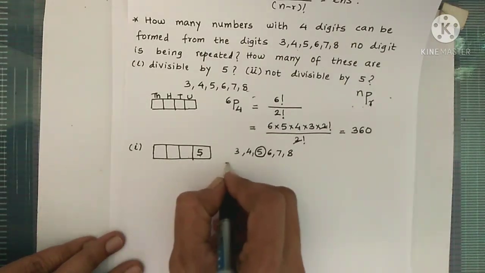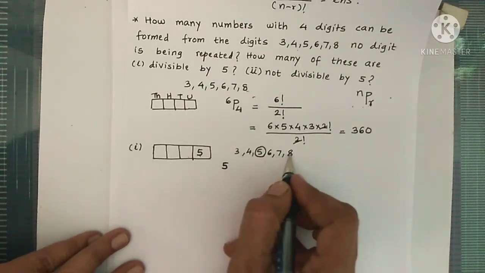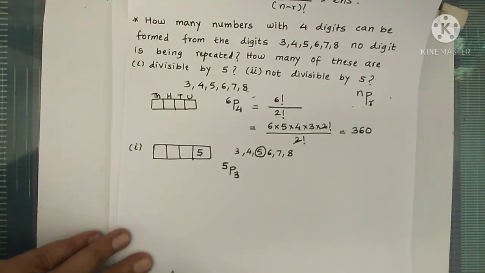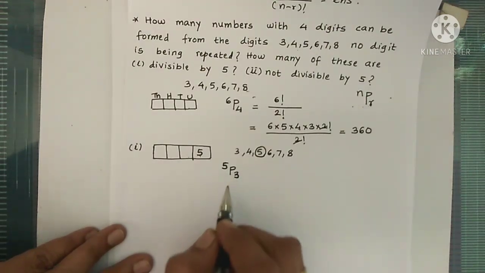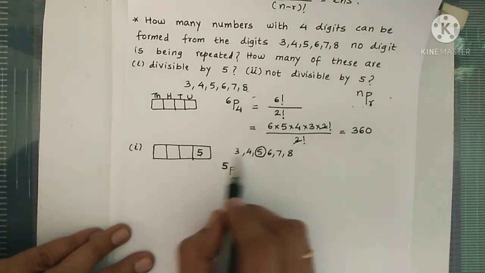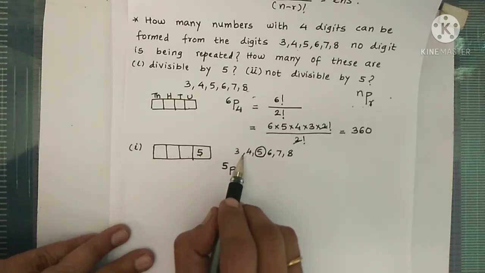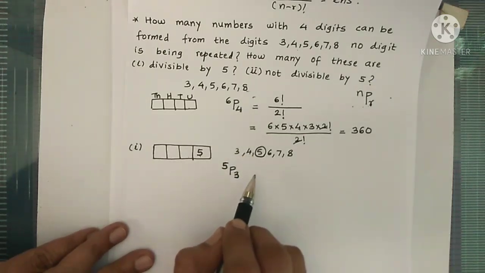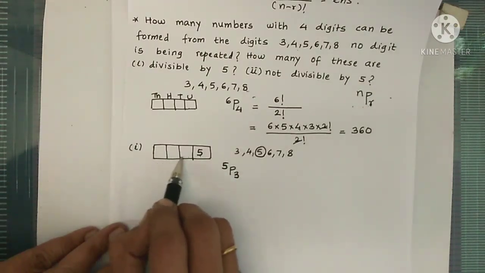Okay, so now we have 5 digits left, and we have to fill 3 places. For that we have to arrange 3 digits from these 5 digits, which can be done in 5P3 ways. I repeat, as we have filled the units place with 5, now we have 5 digits 3, 4, 6, 7, 8, and from these 5 digits we have to place 3 digits for these 3 places.